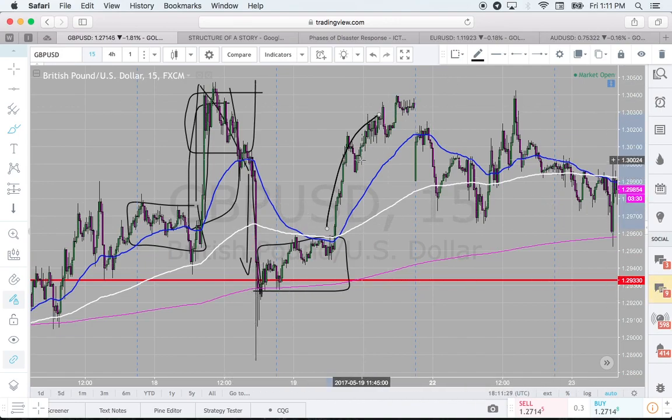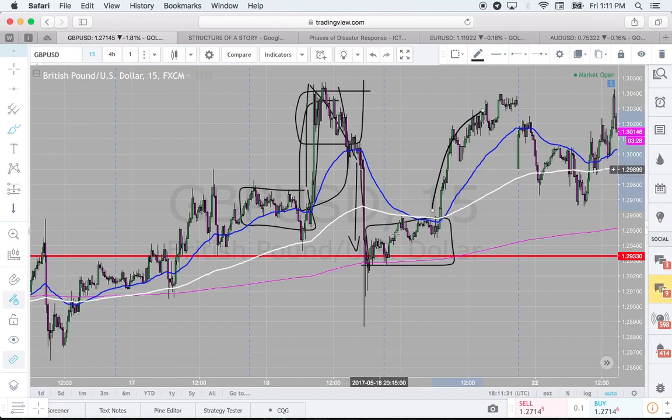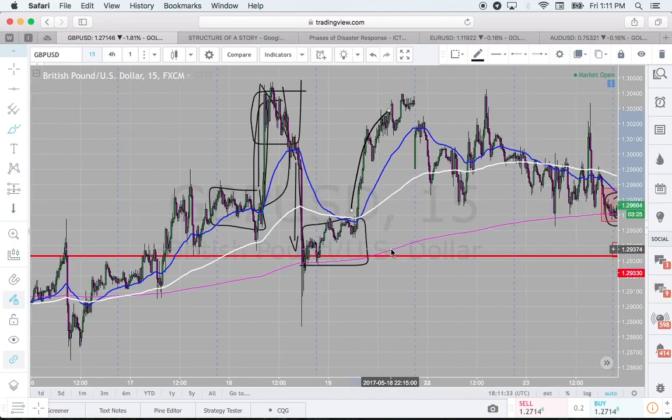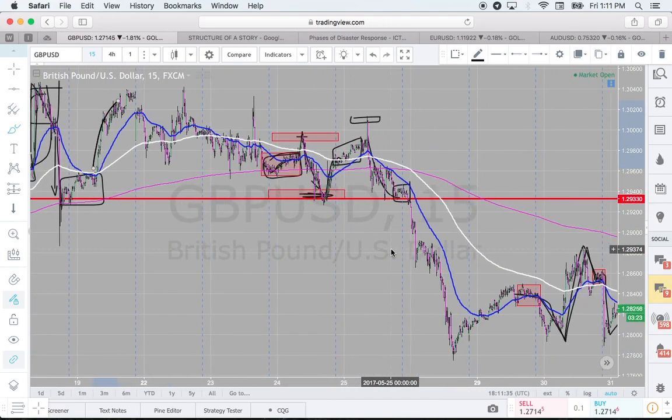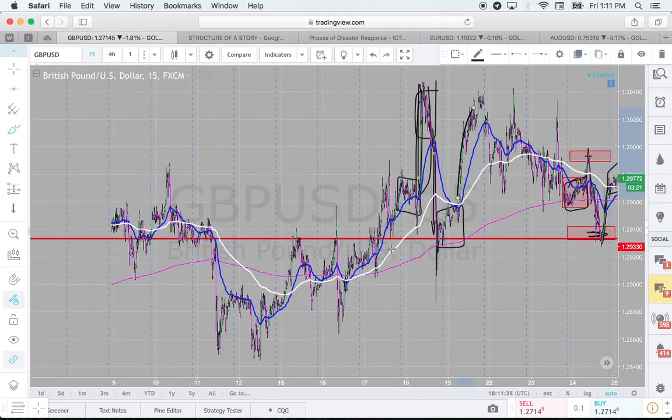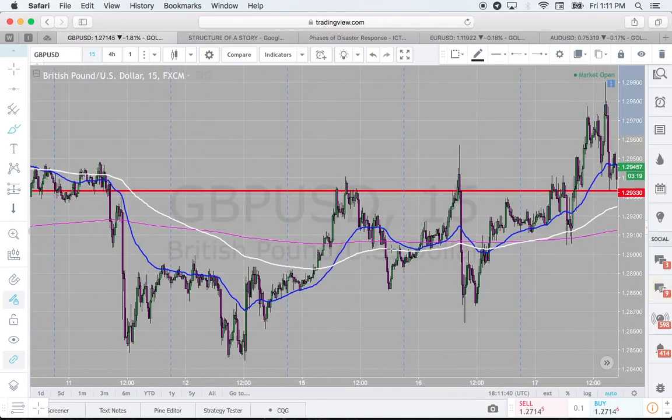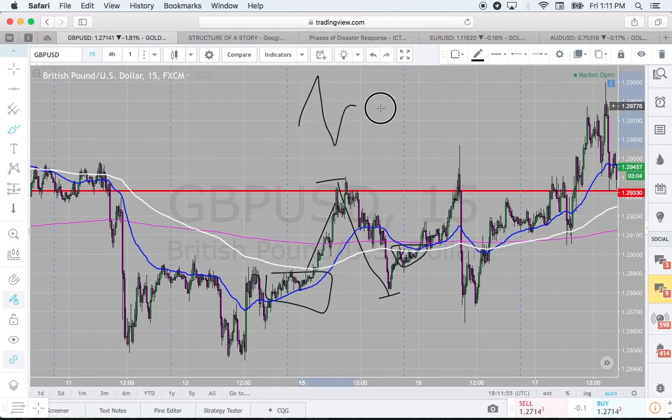This is his structure. This is his playbook, the dealer's playbook. You can see it happening every day. Consolidation, high, low, consolidation. This is the whipsaw. This is a whipsaw. Okay?